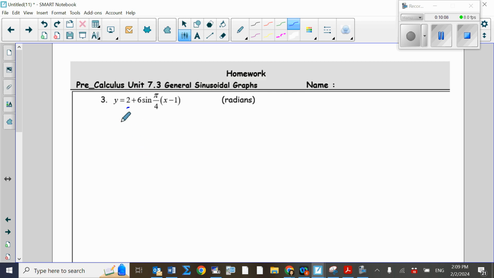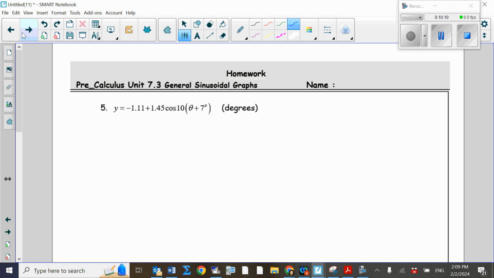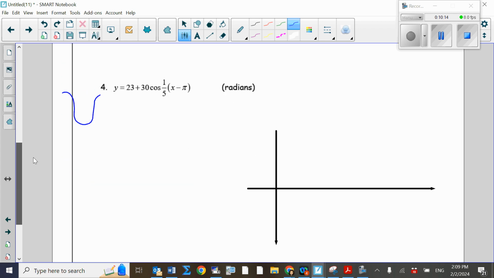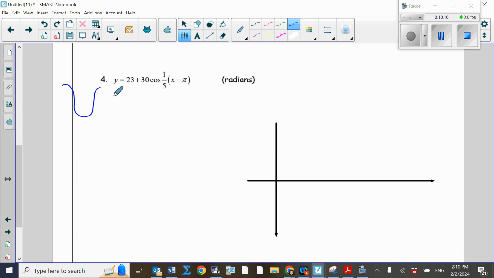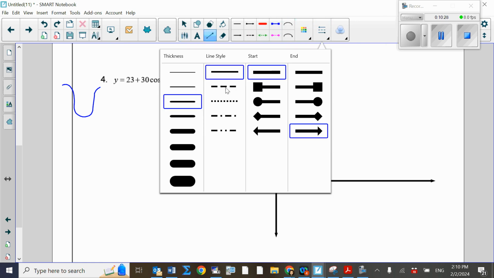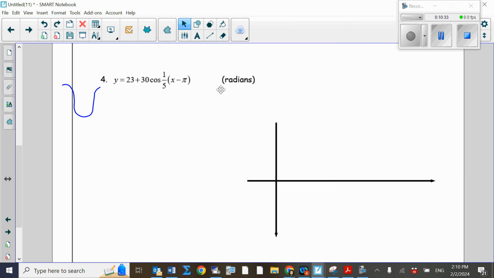Oh, I'm sorry, it's question number 4, so it's right here. It comes from the C value, which is moving the function 23 up. So I'm going to start with graphing the sinusoidal axis or horizontal midline of the function. Let's say this is 23.